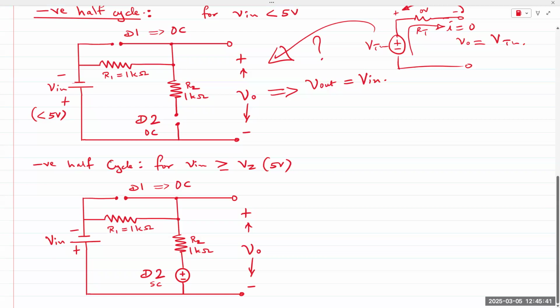It simply turns on in the reverse bias, and the value would be equal to the Zener value. If it's a 6 volt Zener, VZ is equal to 6 volts, V out is equal to half of V in. Okay.